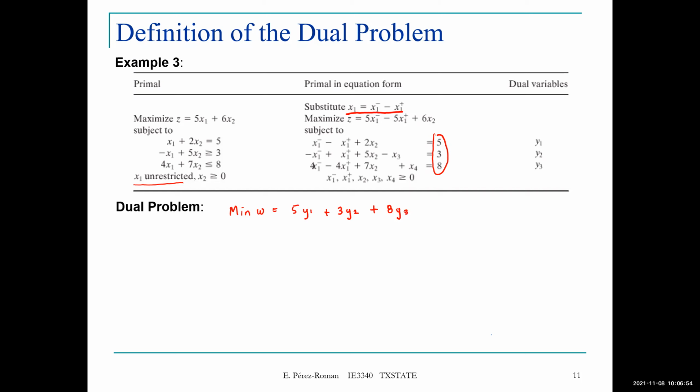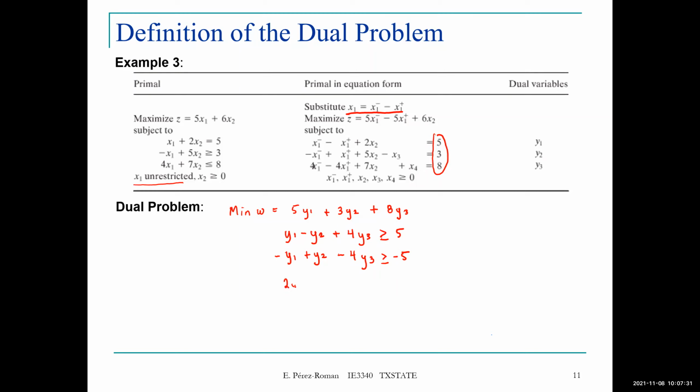Then for each one of the decision variables, we're going to have a constraint. For the first constraint, we have y1 minus y2 plus 4y3 greater or equal to 5. For the second constraint, we have minus y1 plus y2 minus 4y3 greater or equal to minus 5.